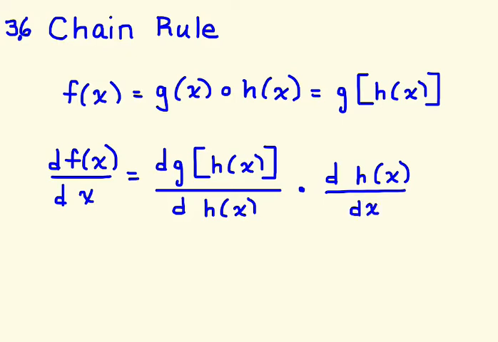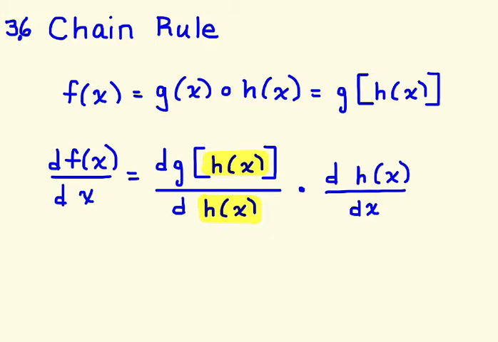Okay, so thinking about this again, let me get my highlighter out here, when we're finding the derivative of f of x, and f of x is a composite function, first we find the derivative of the outer function, g, with respect to its input, and here's its input. So the input is h of x, so it's almost like h of x is a variable, and we're taking the derivative with respect to this entire frozen variable.